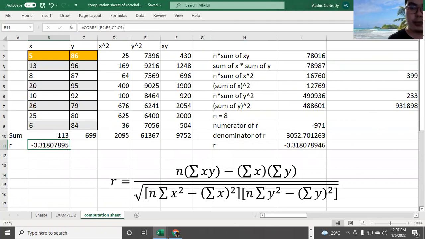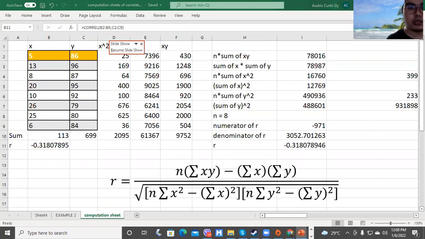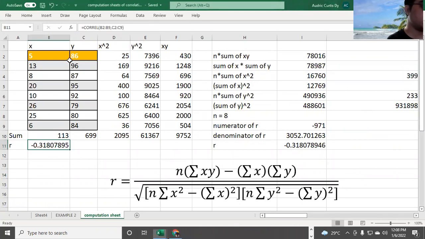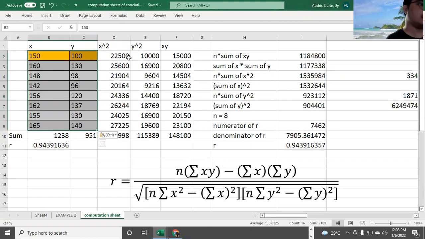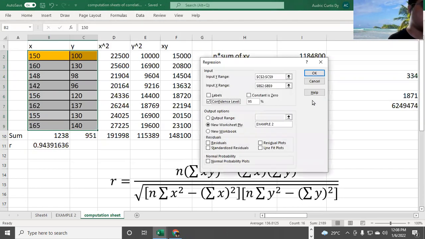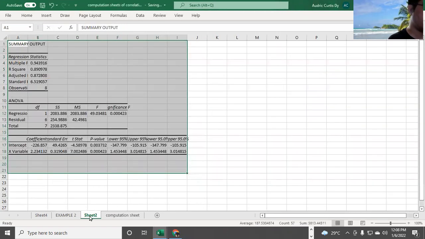Okay? So yun sa kanina naman, okay? So allow me to copy paste. Oh, diba? We're going to use the data, then data analysis, tapos regression, tapos here. So we're going to rename it as example 1.